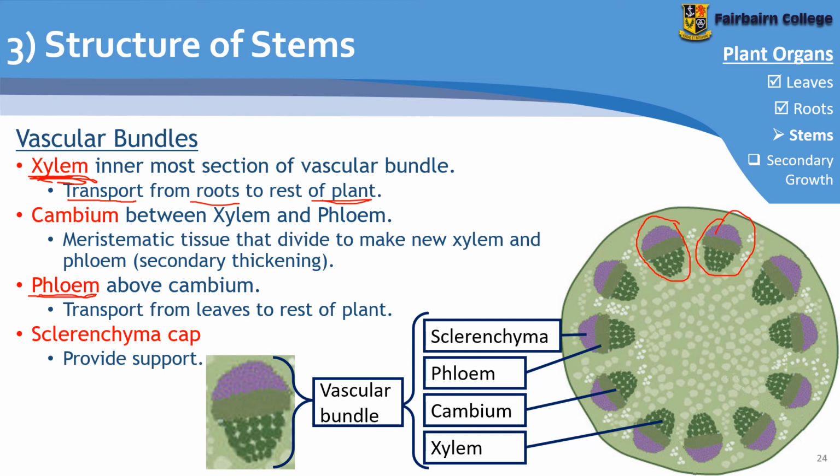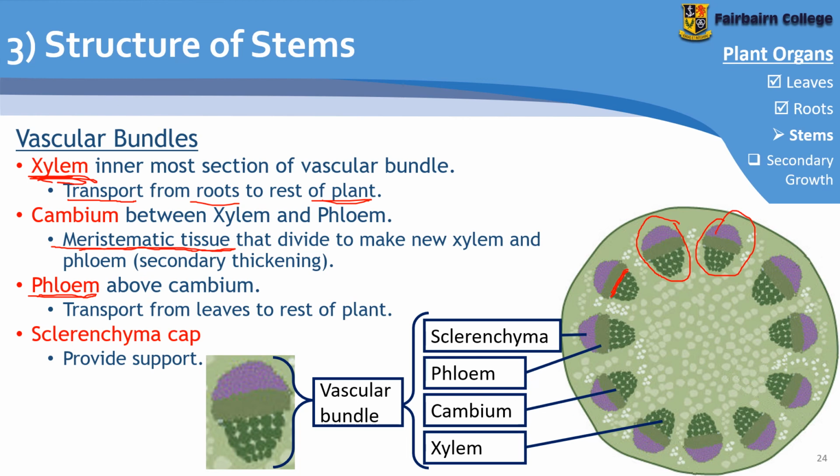Moving on from the xylem, we have a layer of cambium tissue, a very thin layer, so you can't always see it that clearly. The cambium is another example of meristematic tissue inside of plants. Remember, meristematic tissue is undifferentiated, so it is used for growth in plants.